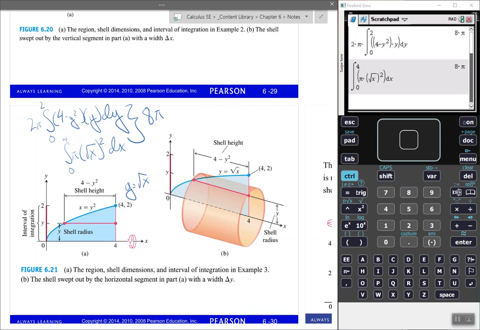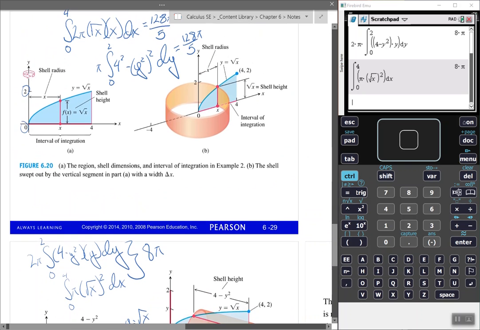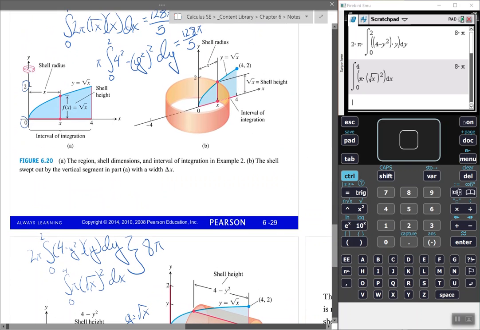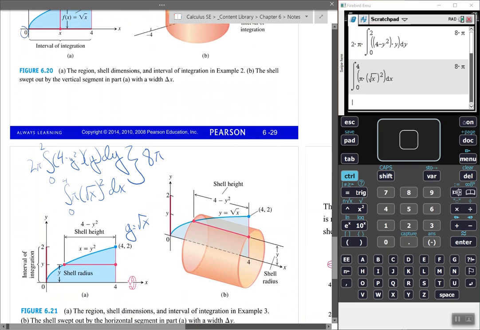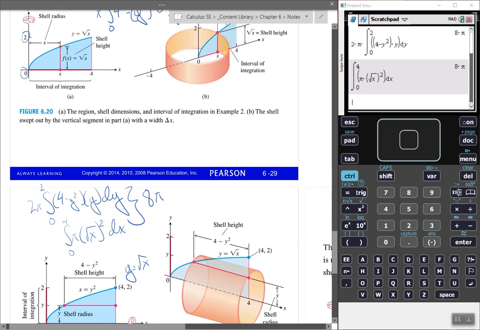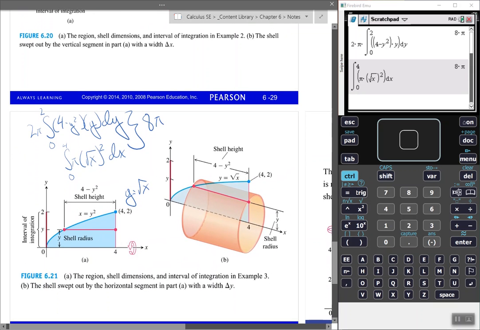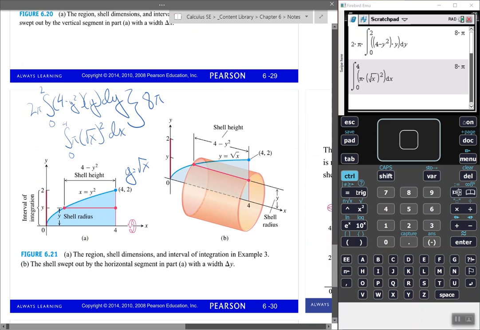You are going to have a little bit of difficulty there. So rearranging the function as y equals square root of x, that would be helpful, and then go to the shells method. So it just depends on what you have in the problem, and it should give you the same answer. So you can always try it both ways and see if your answers agree, or you can just stick to what's given and go through it that way.